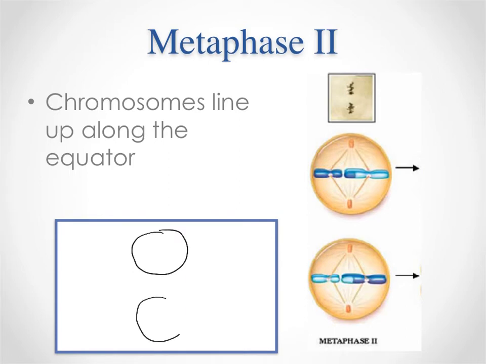Okay, in this case, we're just showing the 1 set of sister chromosomes, right? The spindle fiber has formed all the way from the poles to the chromosomes.